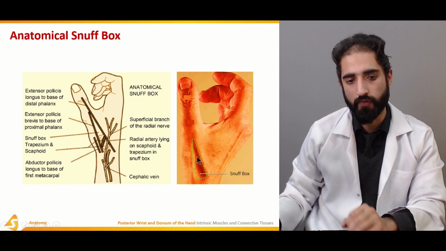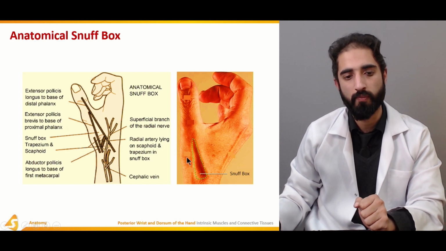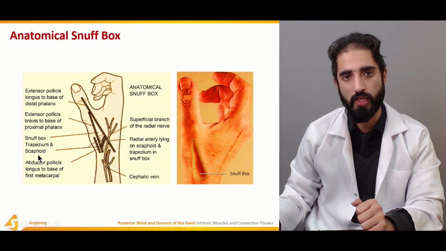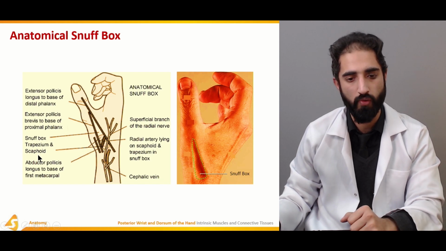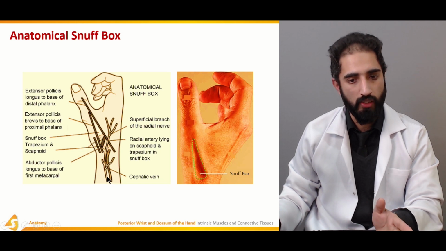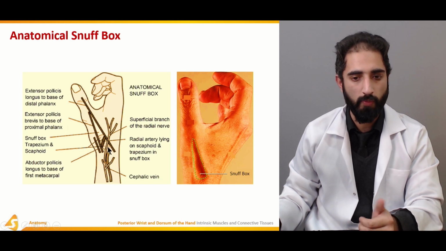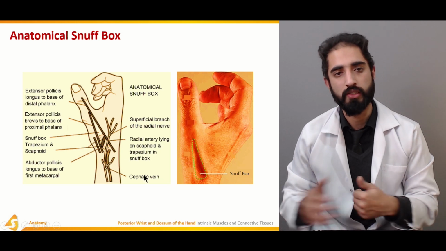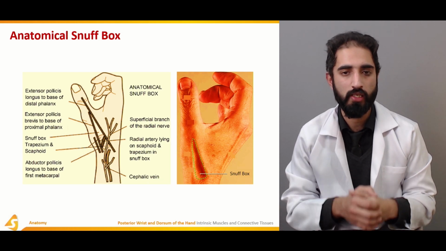The floor of the anatomic snuff box is formed by the trapezium and the scaphoid bones, which are carpal bones of the hand. In terms of the contents, we have the superficial branch of the radial nerve as well as the radial artery lying on the scaphoid and trapezium in the snuff box.